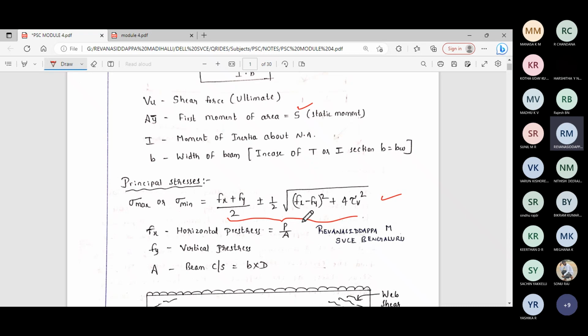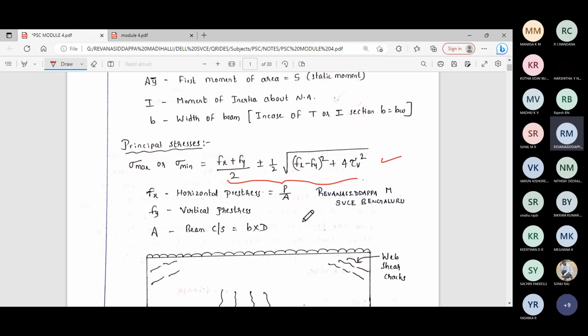Using this, you will find the principal stresses, where fx is the horizontal pre-stress, the stress in x direction, calculated by pre-stressing force divided by cross sectional area, and fy is the vertical pre-stress.